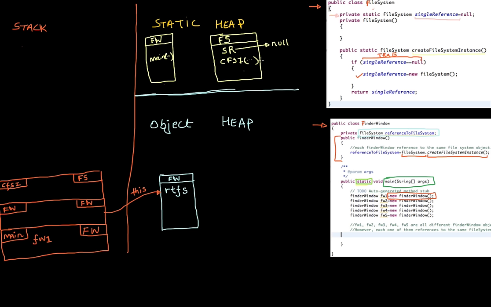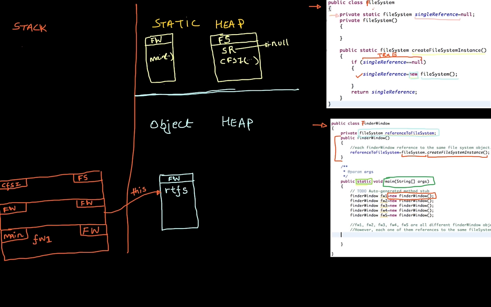So now I'm going to instantiate something on the heap, because I have my new keyword right here. That's my new keyword, followed by the constructor that is going to instantiate a file system instance on the object heap space.